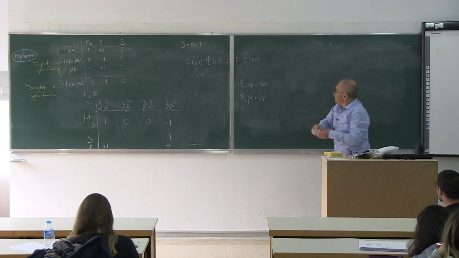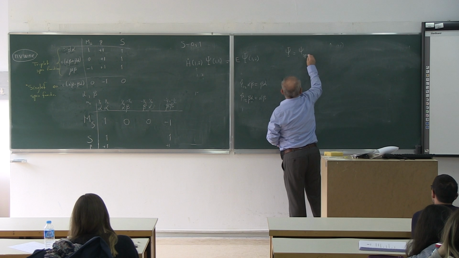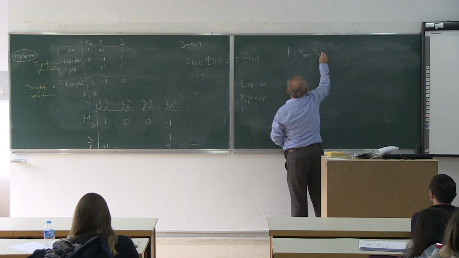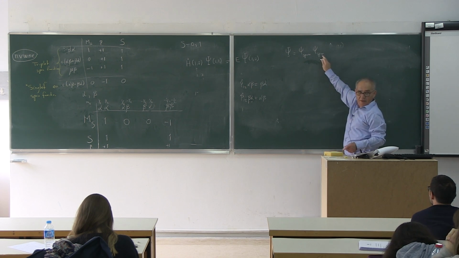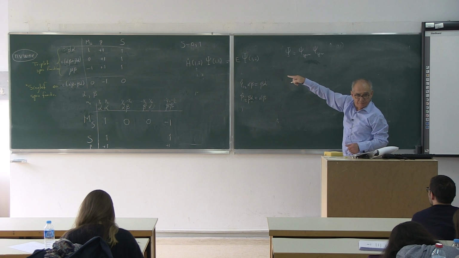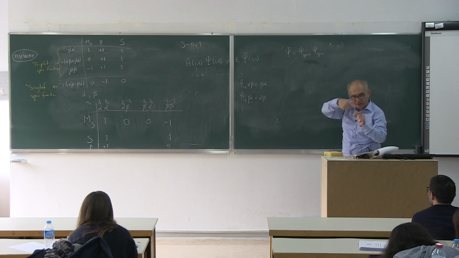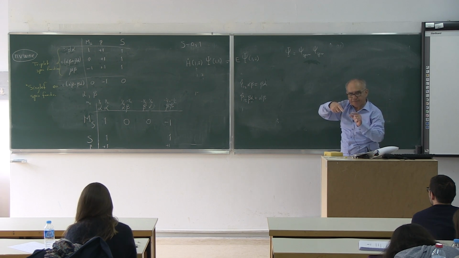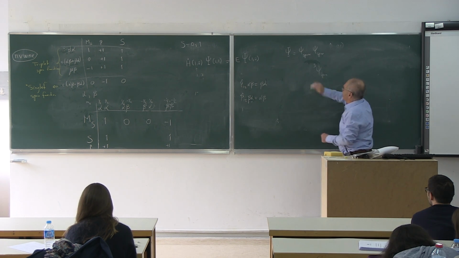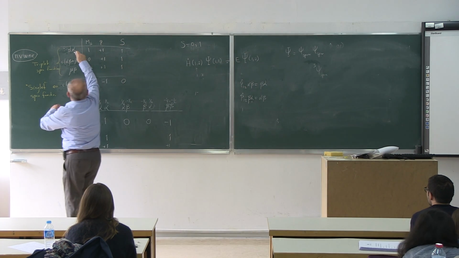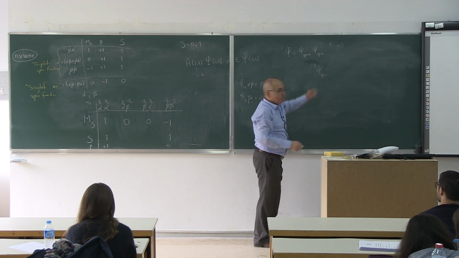Now, look at the total. If the spin part is a triplet, that means the spin part is symmetric with respect to spin exchange. Right? So write psi spin triplet. It means one of these spin functions, either that or that or that. It is symmetric with respect to spin exchange.